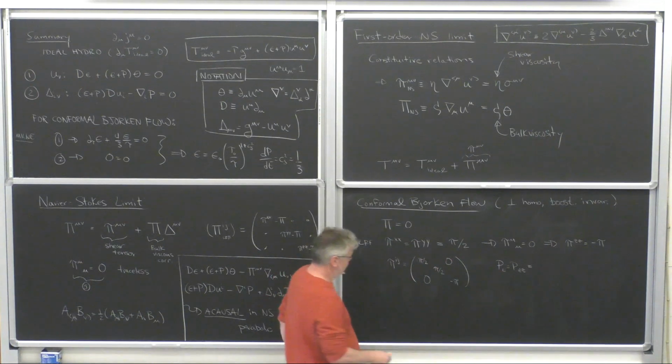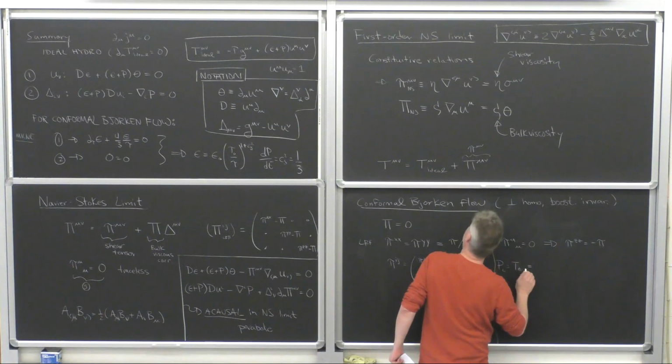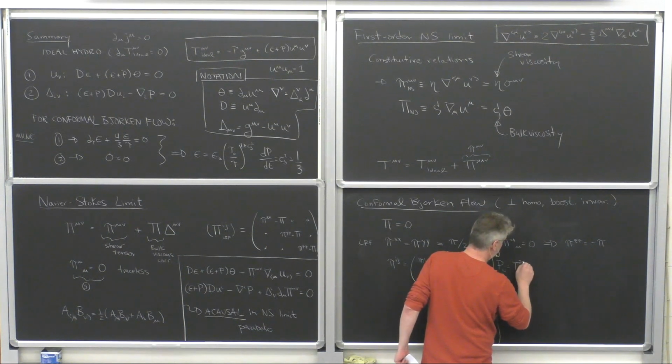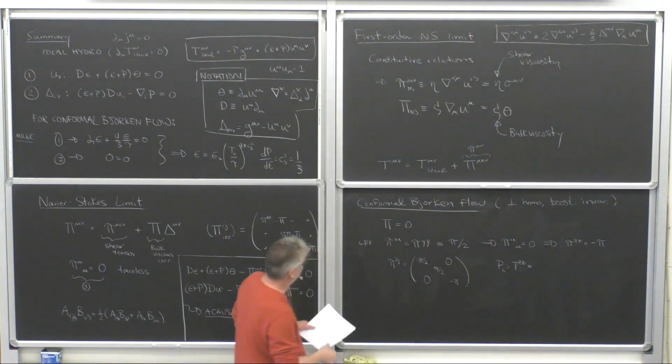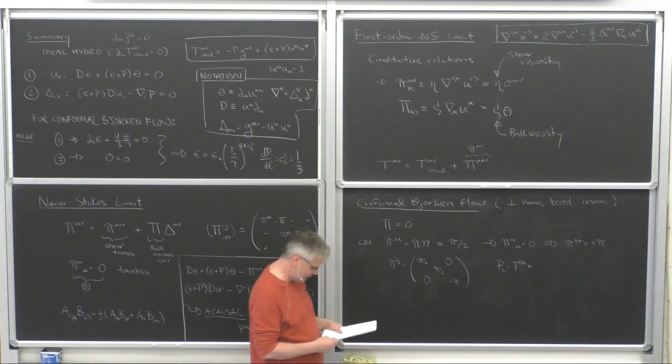So I can define, let's do it this way, the longitudinal pressure as the ZZ component of the total energy momentum tensor. That's what I'm going to call the longitudinal pressure.